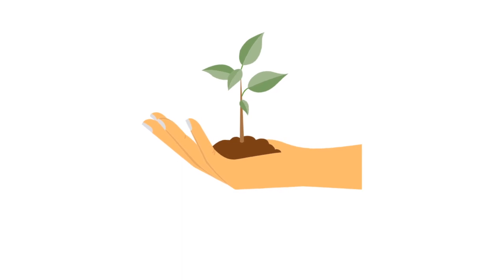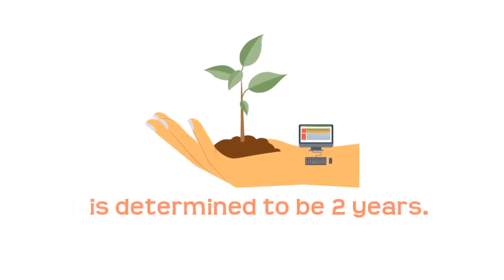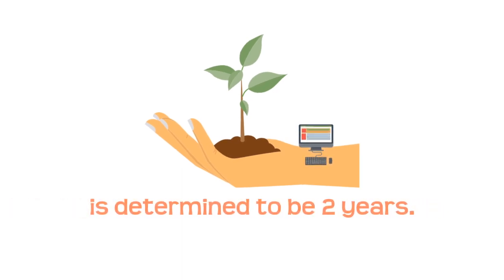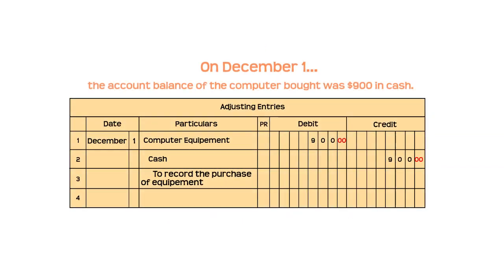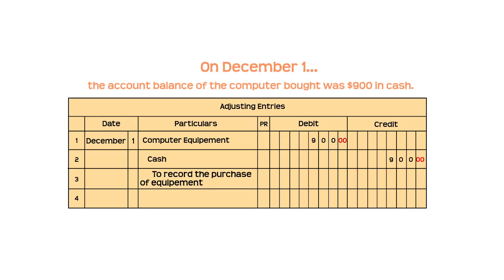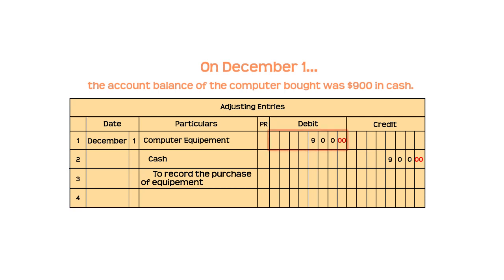The useful life of the computer is determined to be 2 years. On December 1, the account balance of the computer bought was $900 in cash. The initial journal entry recorded is debit computer equipment and credit cash of $900.